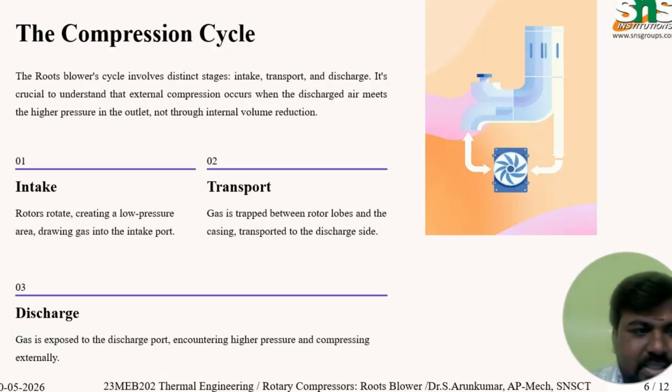In the intake stage, rotors rotate, creating a low pressure area and drawing gas into the intake port. In the second stage, transport, gas is trapped between the rotor lobes and the casing and transported to the discharge side. The final stage is discharge, where gas escapes to the discharge port, encountering the higher pressure and being compressed externally.